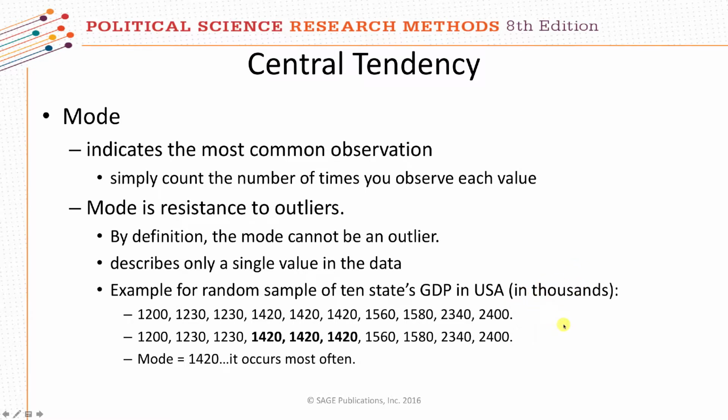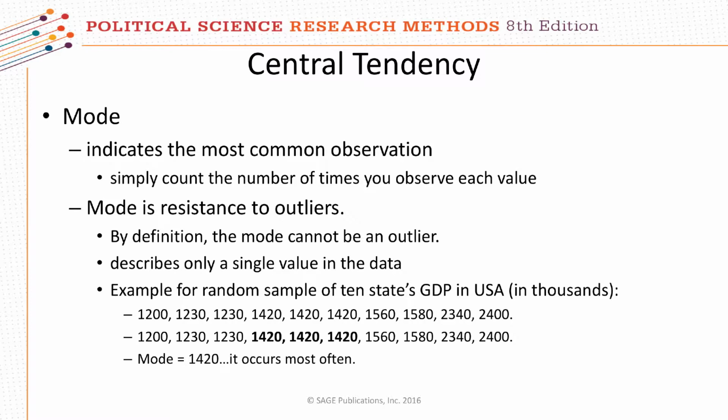And you notice that of these states, you have 1,200, 1,230, 1,230, 1,420, 1,420, 1,420, 1,560, 1,580, and so on and so forth. What's the most common observation? What's the observation that shows up the most often? 1,420. And so 1,420 would be your mode for this range of data, for these 10 randomly selected states. It's just that simple. I mean, that's all it is.